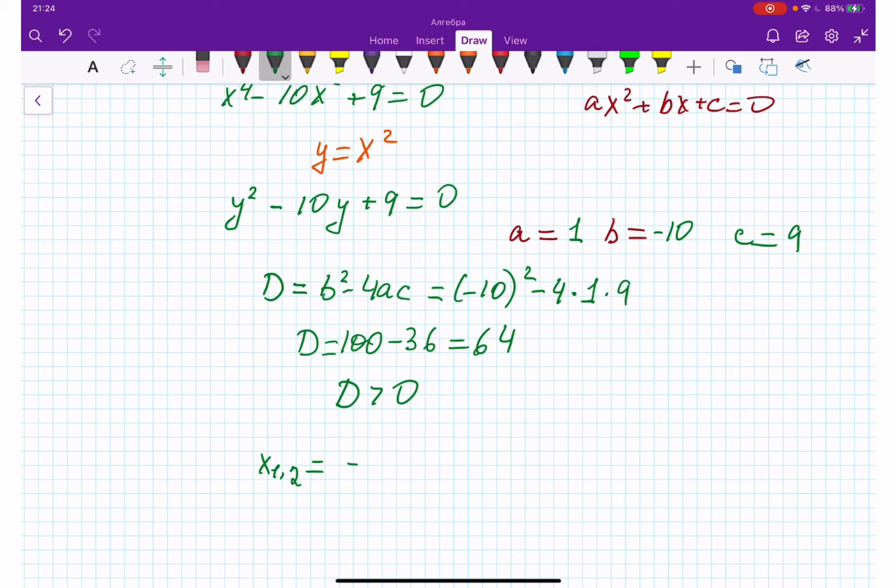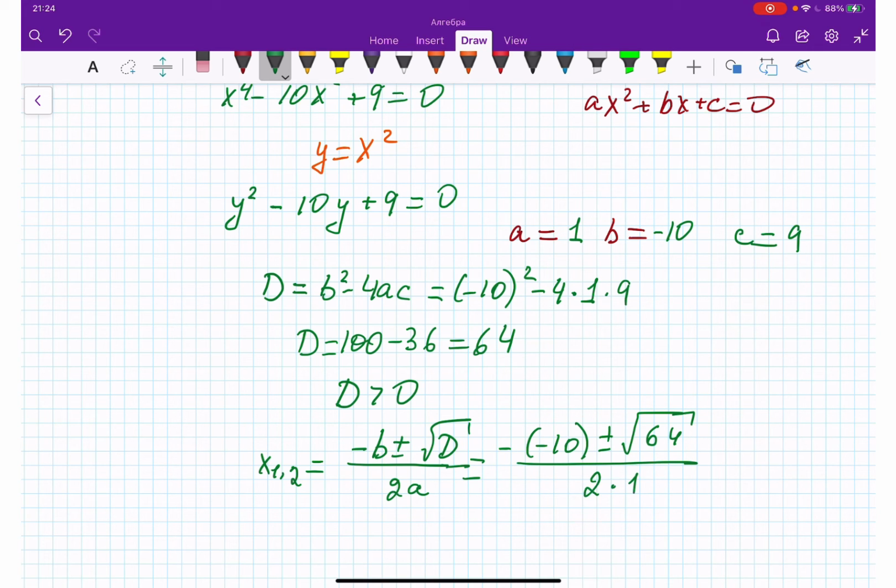x1,2 is equal to negative b plus minus the square root of the discriminant divided by 2a, which is equal to negative negative 10 plus minus the square root of 64 divided by 2 times 1.